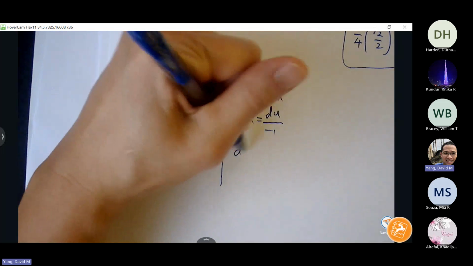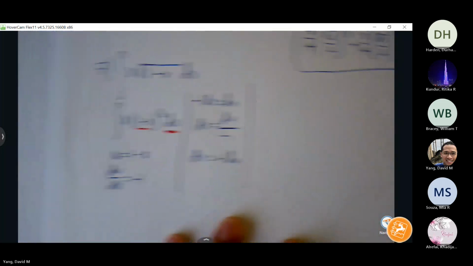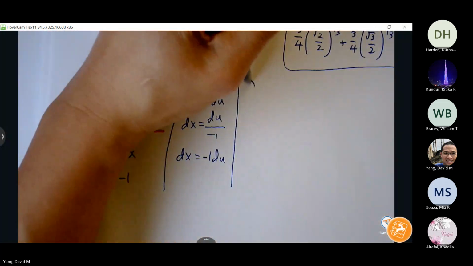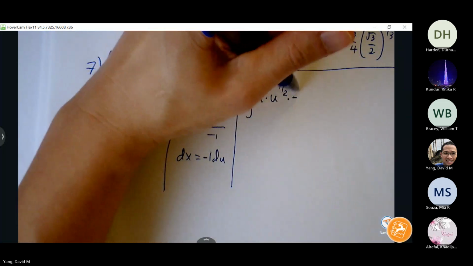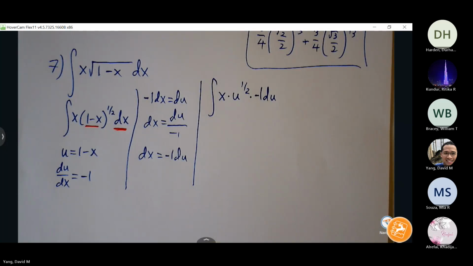Now dividing by -1 is the same thing as multiplying by -1, right? I'm making my substitutions. Is there something getting in the way from moving forward with the antiderivative? That x. The x needs to be resolved. The x is not canceling out. So if it's not canceling out, then our next option is, can we replace it with something in terms of u?